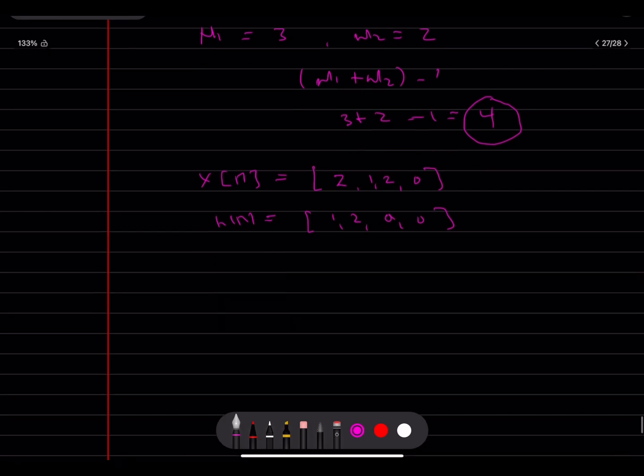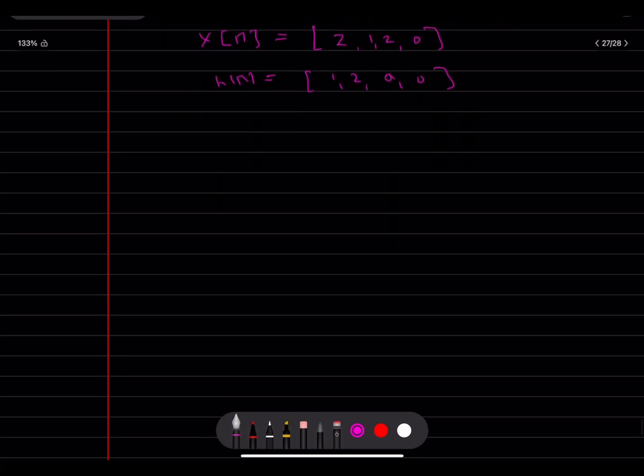Now the same process that we passed through when we were doing the circular convolution, we are going to pass through.